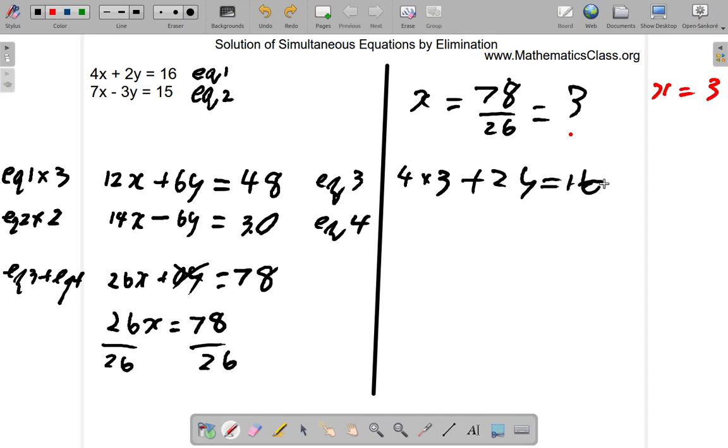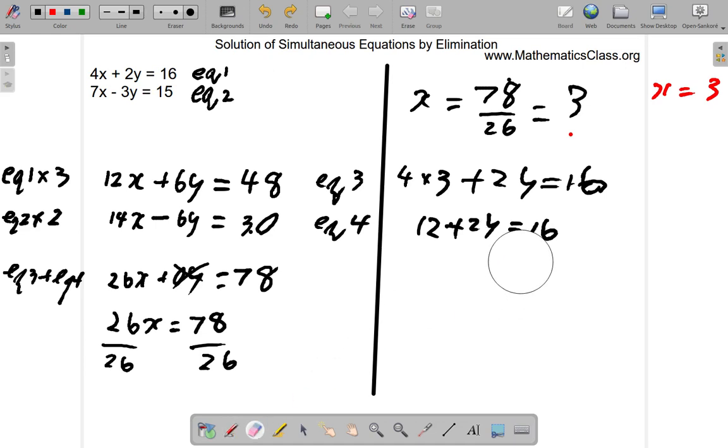So we have only one unknown. 4 times 3 is 12 plus 2y equals 16. Let us subtract 12 from both sides because we want y, and this y is mixed up with the 2 and mixed up with the 12. Let's get rid of those things.